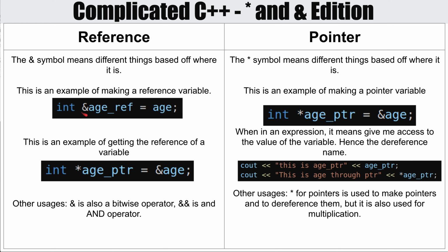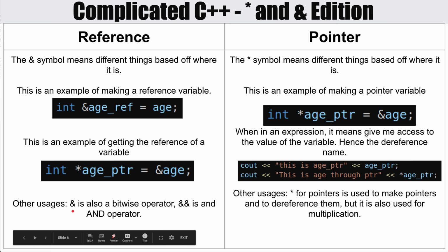So let's look at the reference. When we use it here in the front next to the variable, we're creating a reference variable, an alias to another variable. When we put it here, we're grabbing the address of that variable and storing it into a pointer. Very, very different thing.